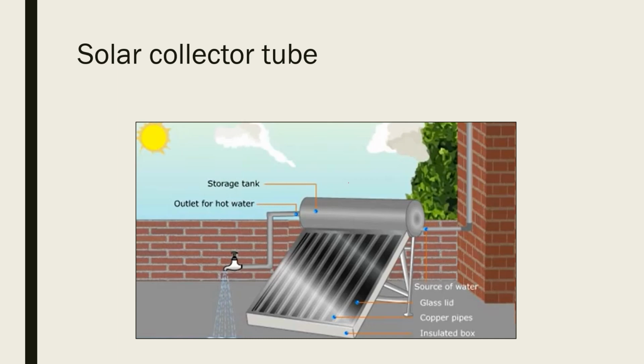So this is your pipe here, and this is your source of water, which is the volume flow rate, and this is where the exit fluid is. And what happened is that this solar collector tube receives solar radiation from the sun. So the solar radiation is captured on these copper pipes, and it will hit the fluid.